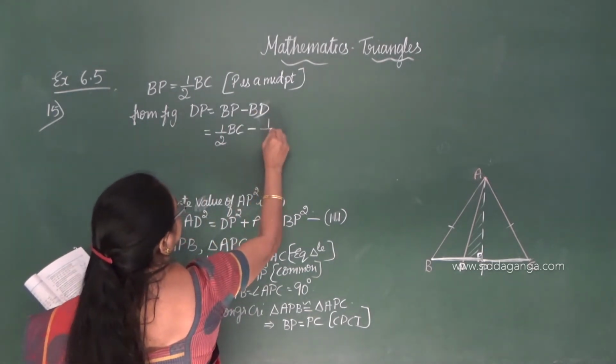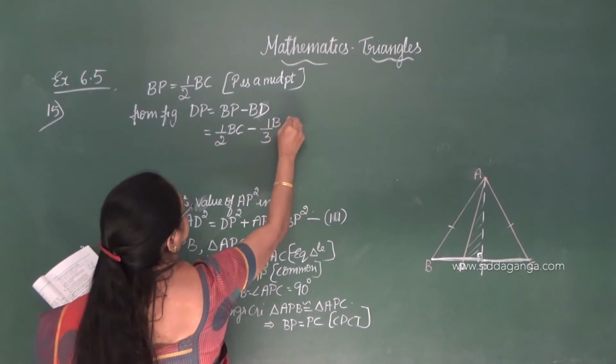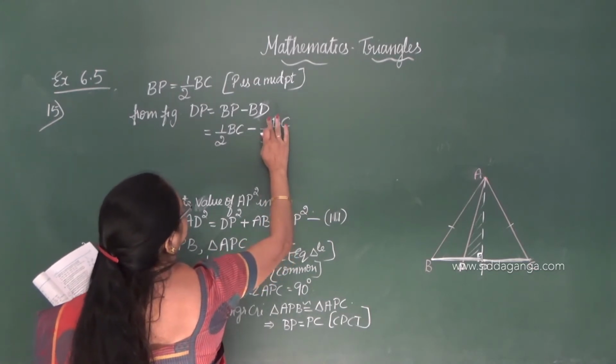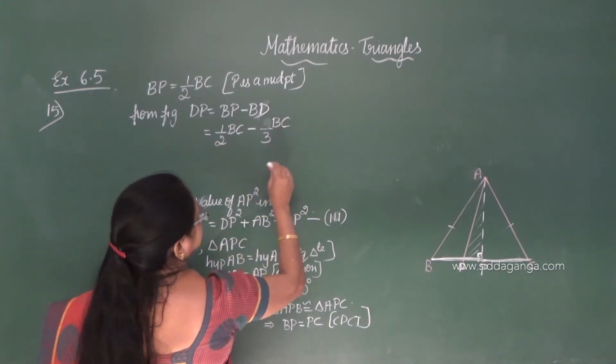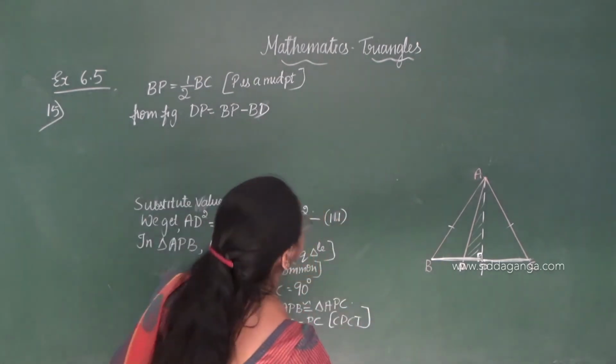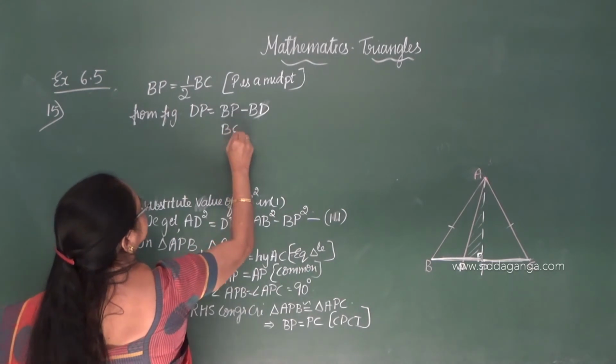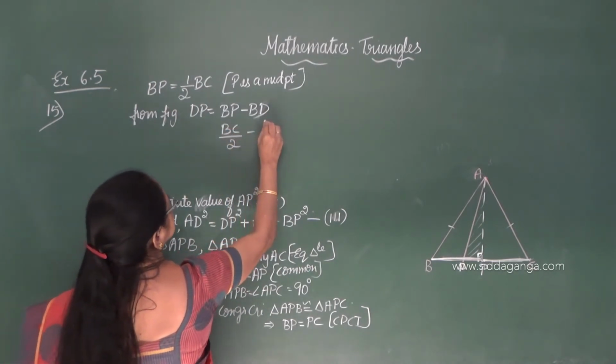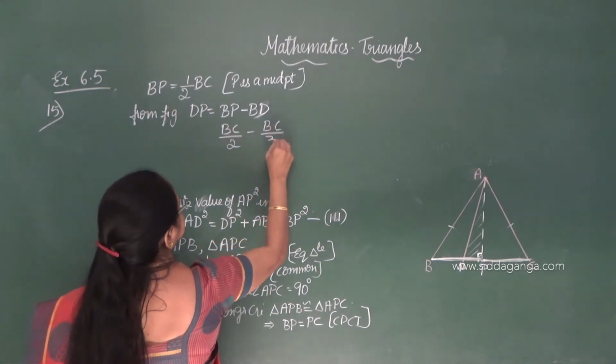So this can be written as BC by 2 minus BC by 3.